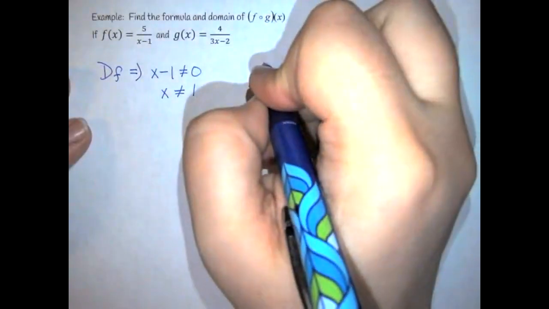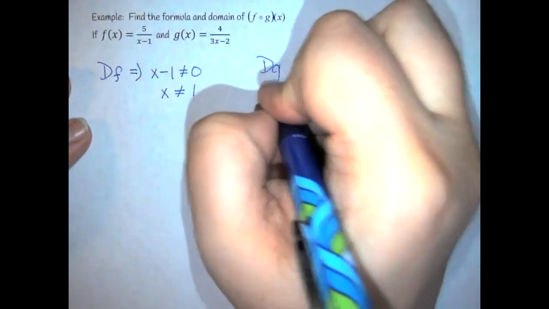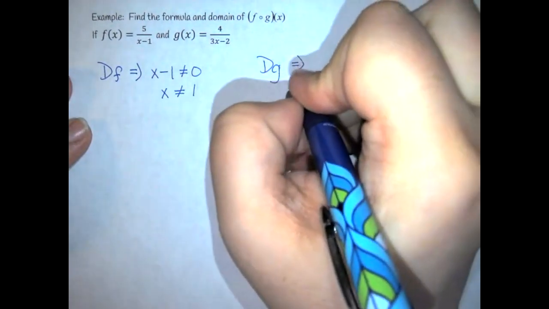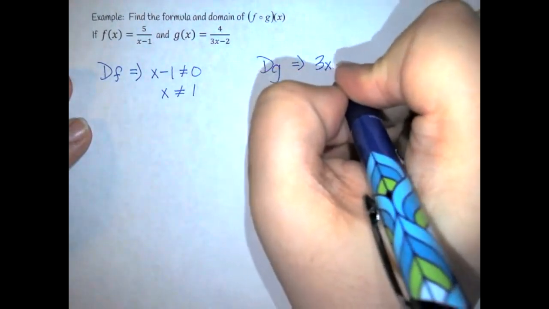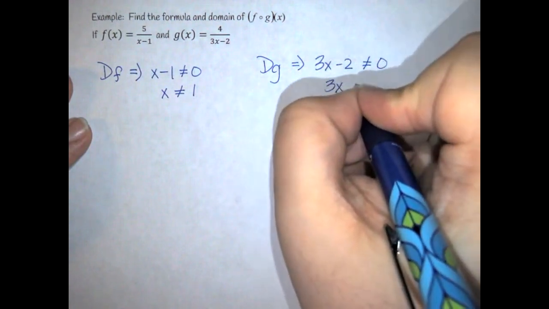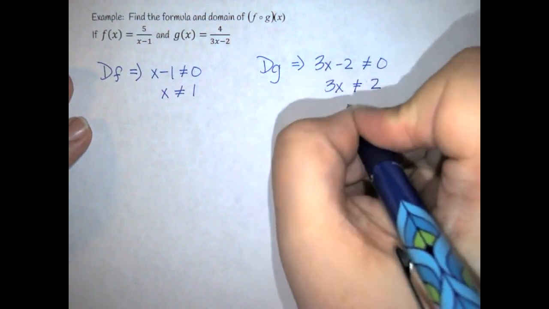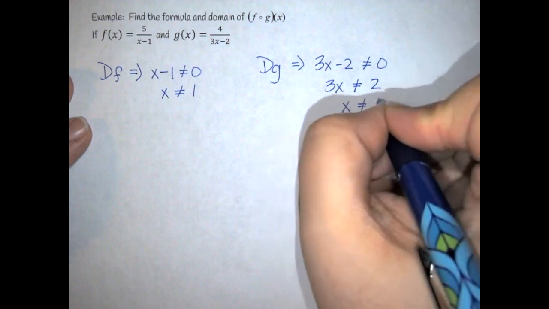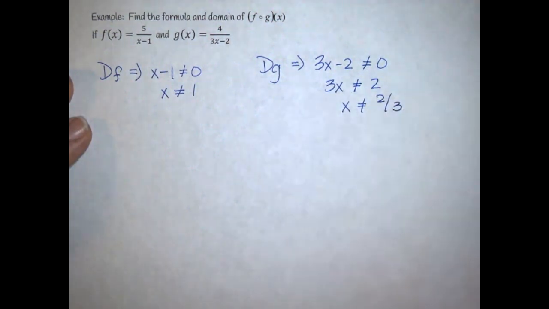My domain of f says that x minus 1 can't be 0, so x can't be 1. Now the other thing I need to look at is my domain of g, which in this case says that 3x minus 2 can't be 0, so 3x can't be 2, so x can't be 2/3.